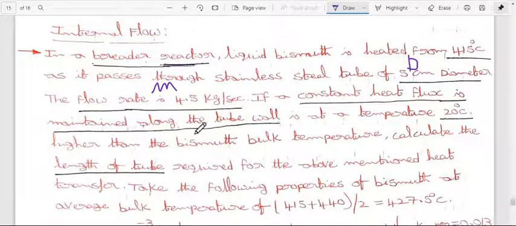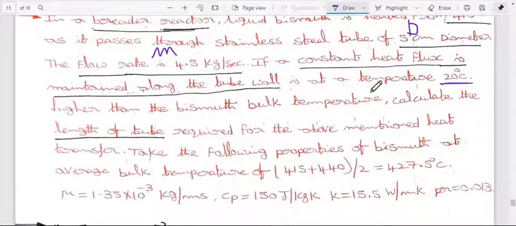If a constant heat flux is maintained along the tube wall at a temperature of 20 degrees higher than the bismuth bulk mean temperature, calculate the length of the tube.